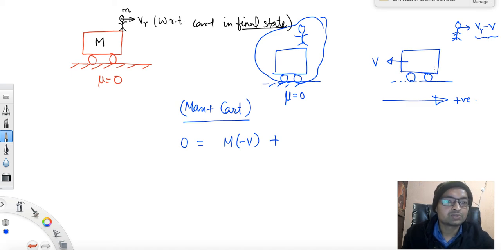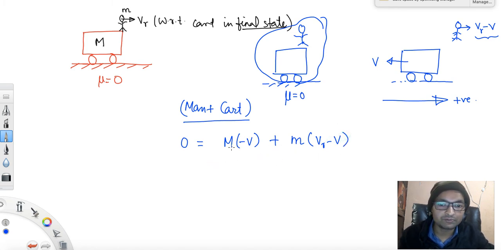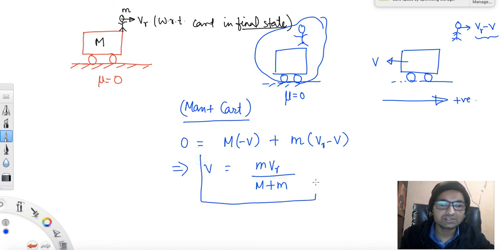So with respect to the ground, it will be the vector sum of Vr and V. Since Vr and V are in opposite directions, it will be Vr minus V in the positive direction. So the momentum of the man is m times (Vr minus V). And when we solve this equation for V, we get V is equal to m Vr over (M plus m). So this is the velocity of the cart just after the man jumps off.